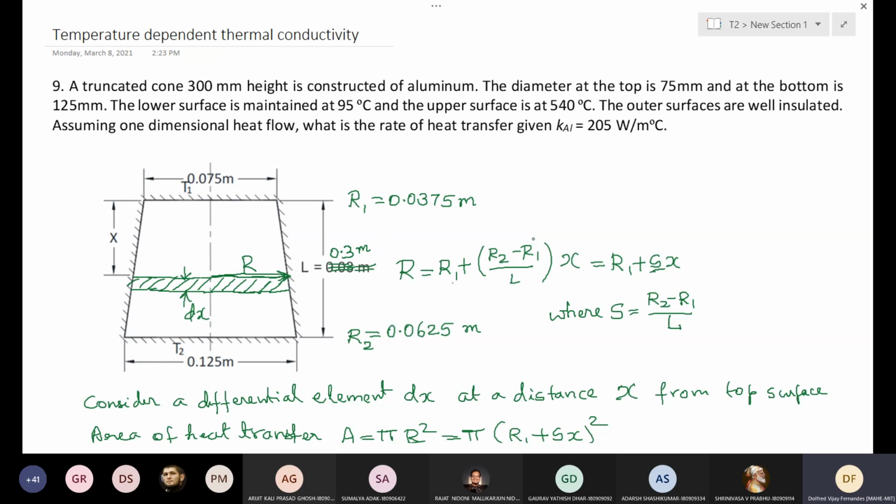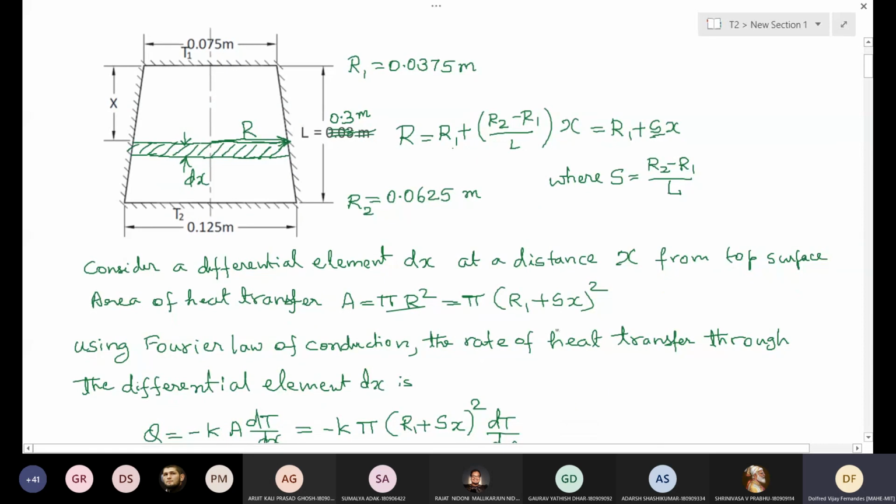You have to find the heat transfer area. In the case of a square pyramid, what is the area? Square area is the square of the side length, so that we have to consider. It is almost similar, and you will get a similar expression there also. Try to do it.